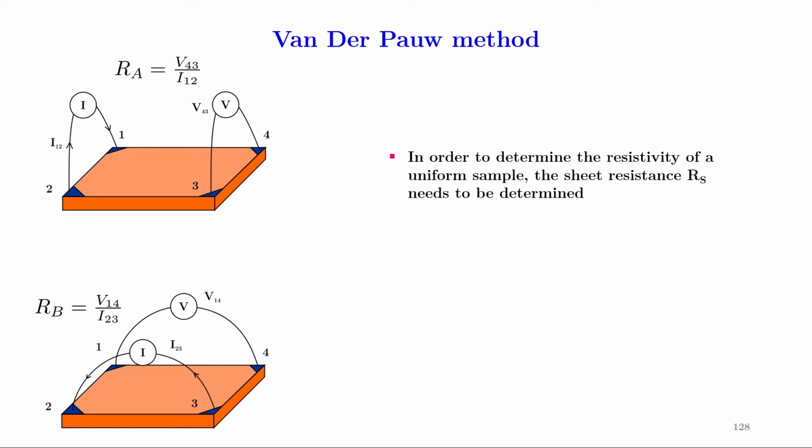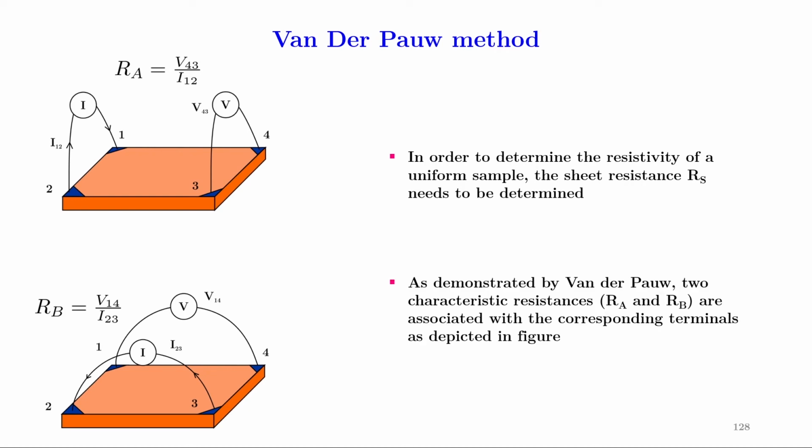In order to determine the resistivity of a uniform sample, the sheet resistance Rs needs to be determined. As demonstrated by van der Pol, 2 characteristic resistances Ra and Rb are associated with the corresponding terminals as depicted in the figure.